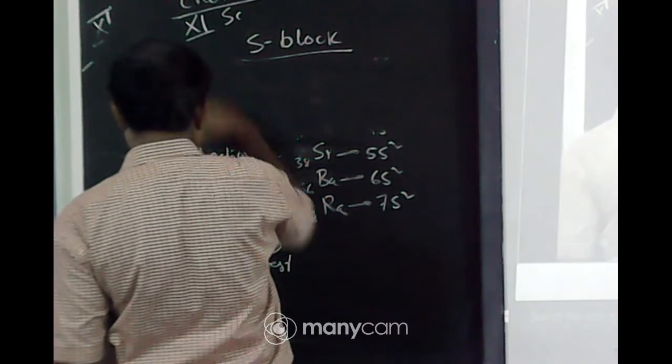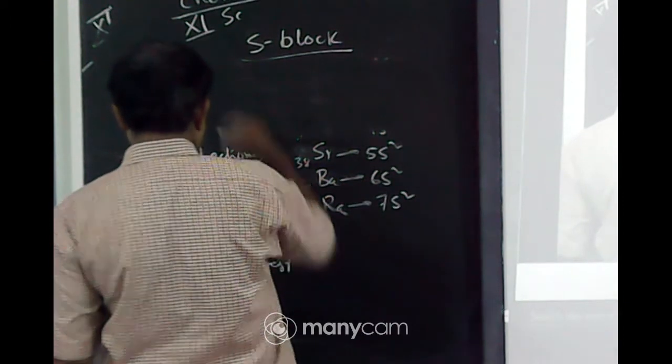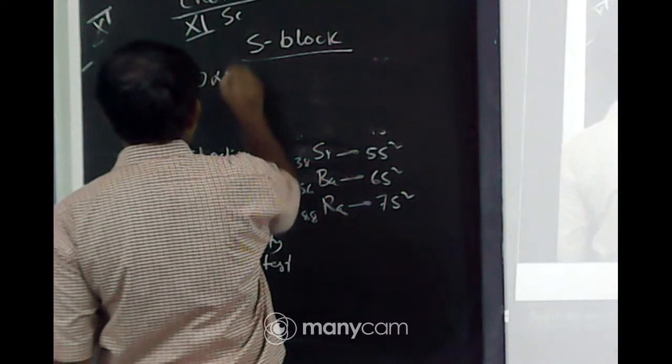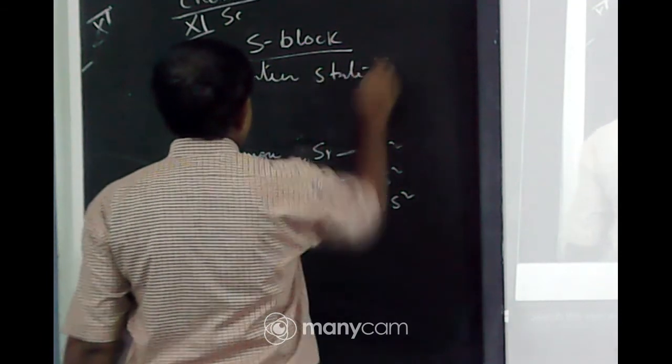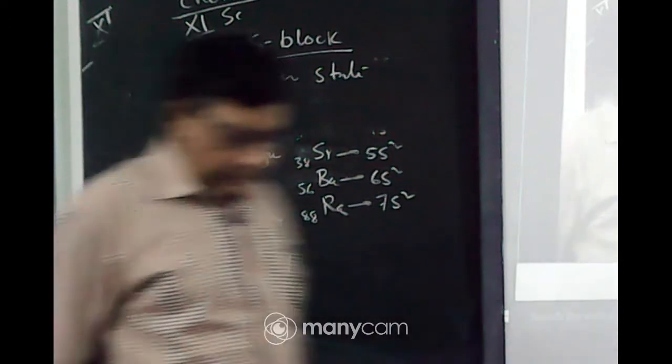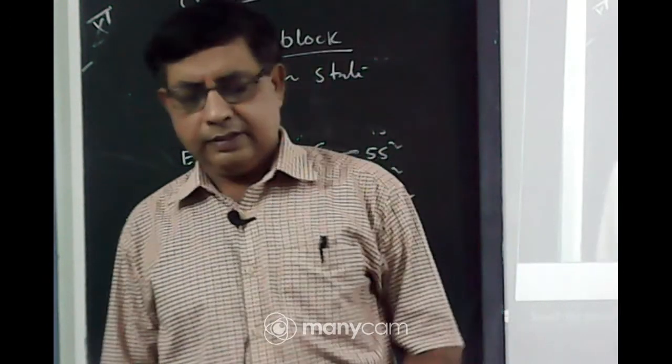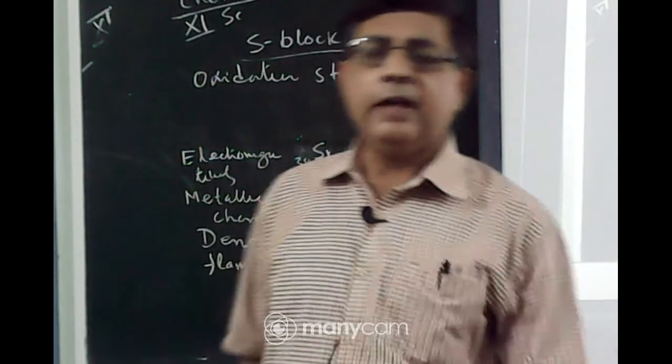The next point, electronegative metallic character, oxidation state. Normally alkaline earth metals always give a +2 oxidation state, that is, they form a divalent cation.